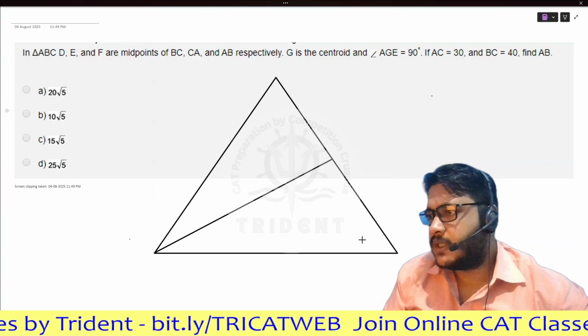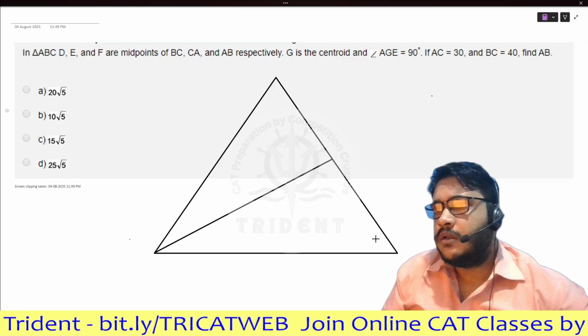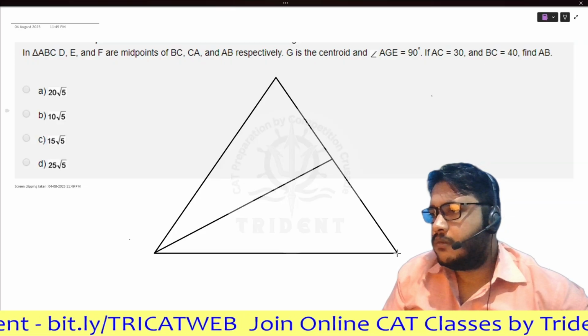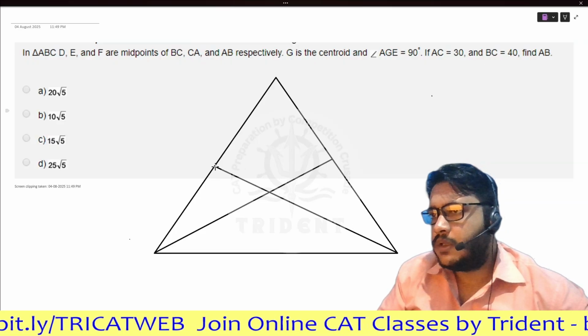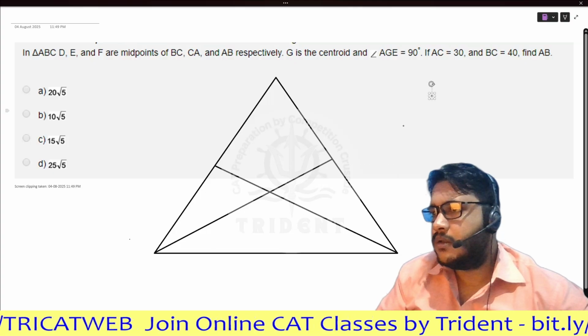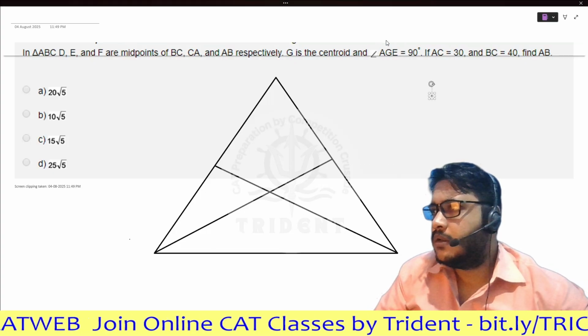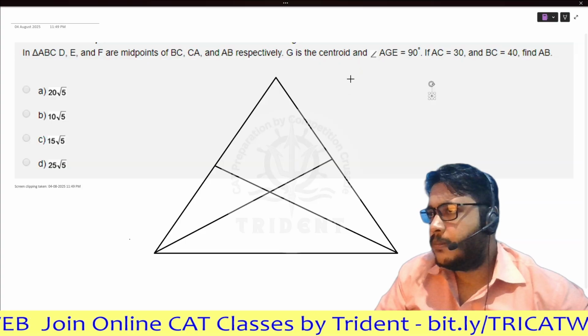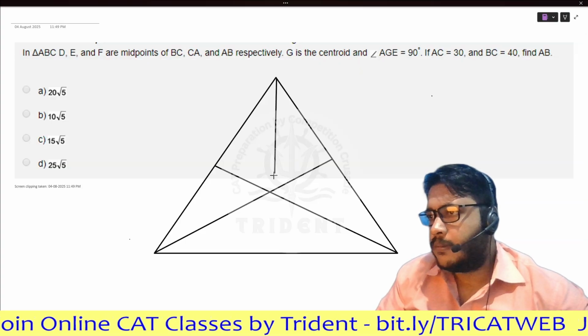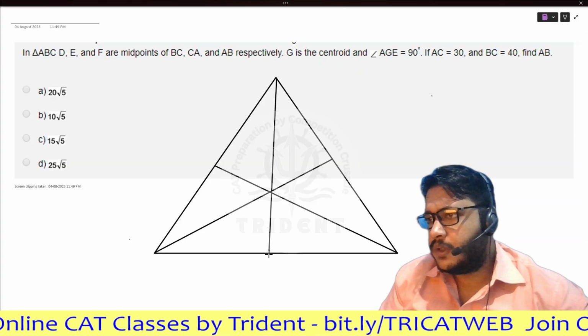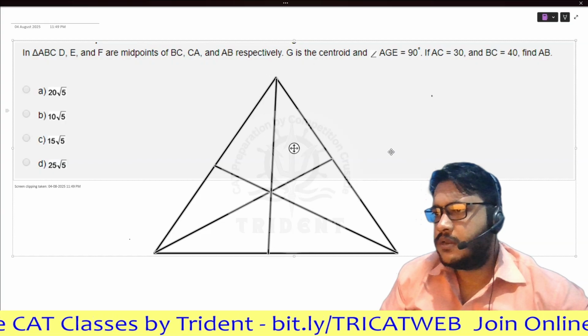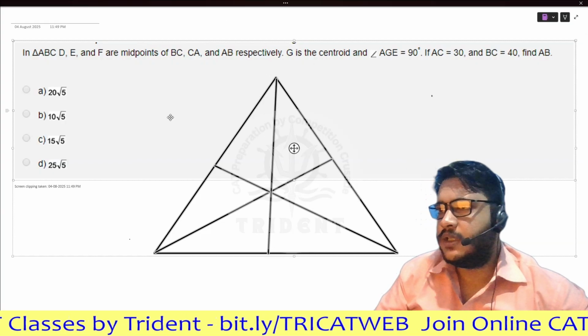The second midpoint would be, let's say, somewhere from there, and let's say the third would be over there. Okay, just assuming this to be something like this.